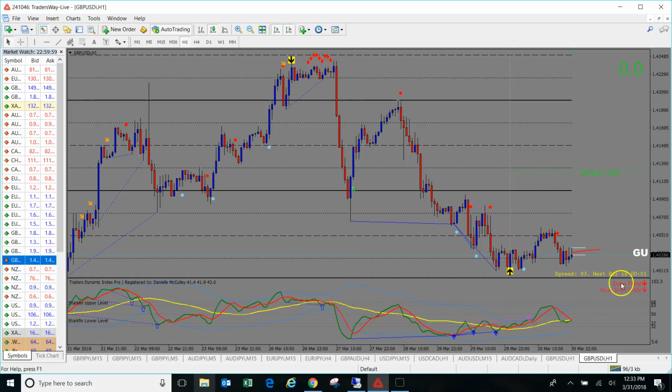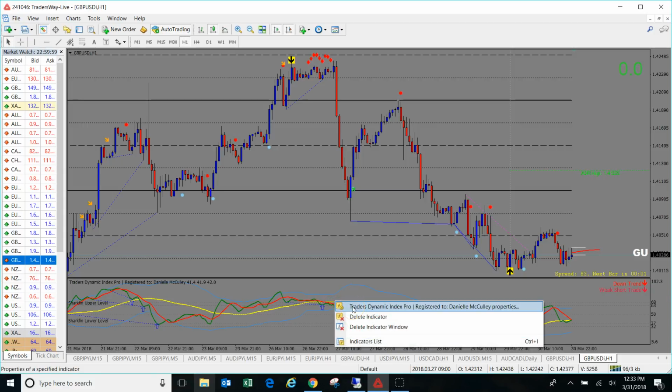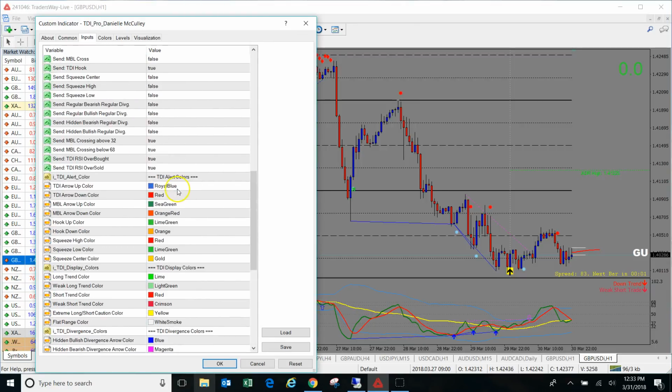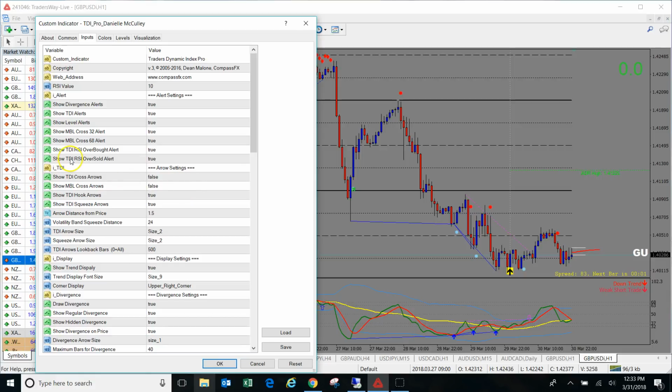It shows you the downtrend. It shows you a lot of different things. Let me pull up some of the settings so you can see what I'm talking about. That's a lot of settings, but they all are good settings. You can get TDI alerts.